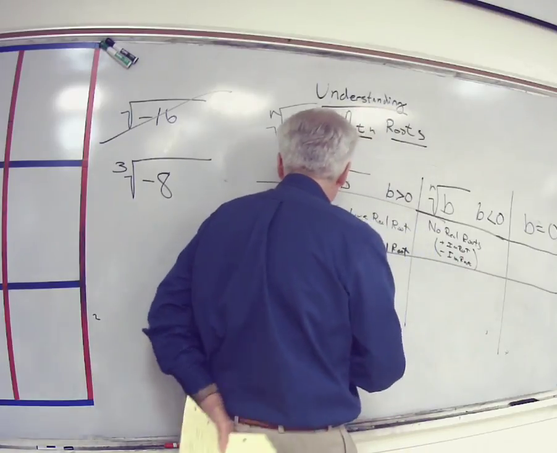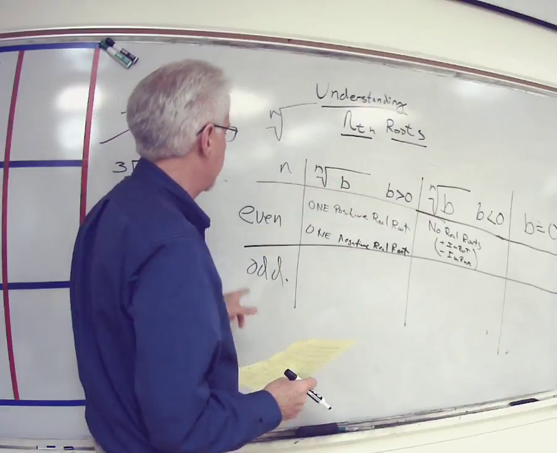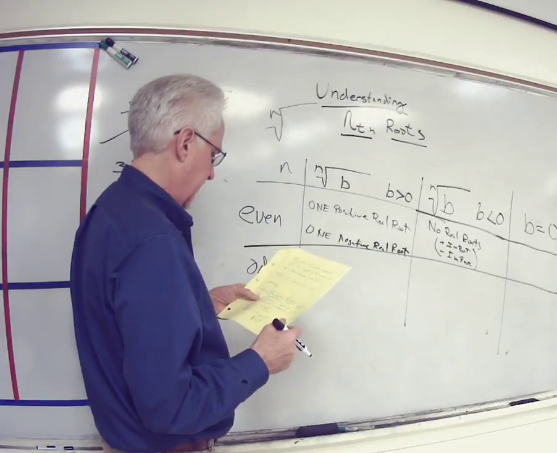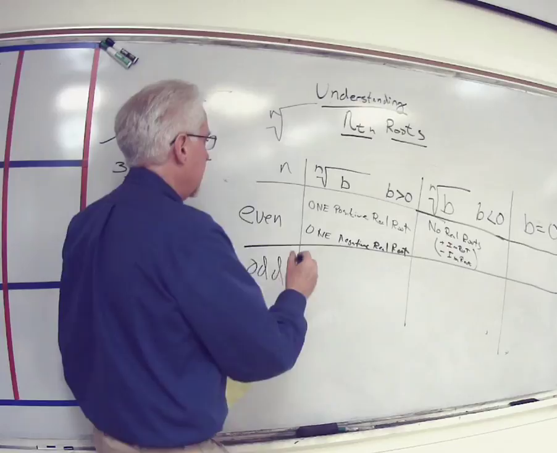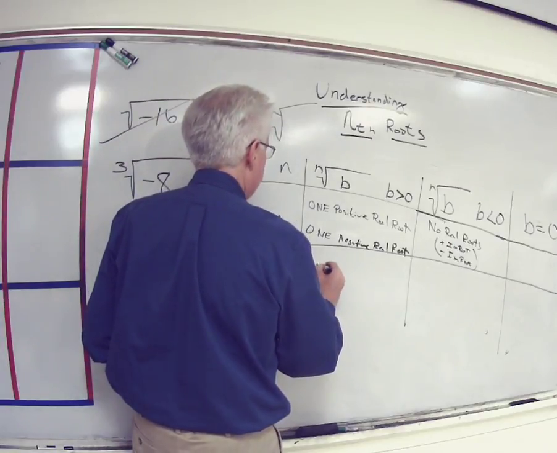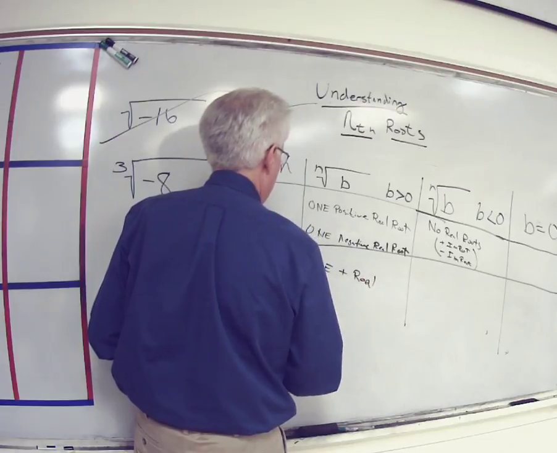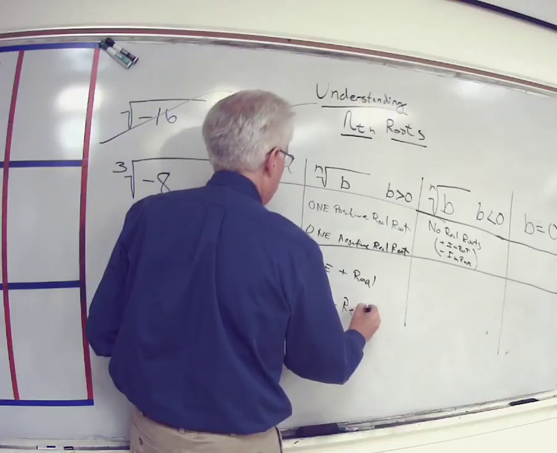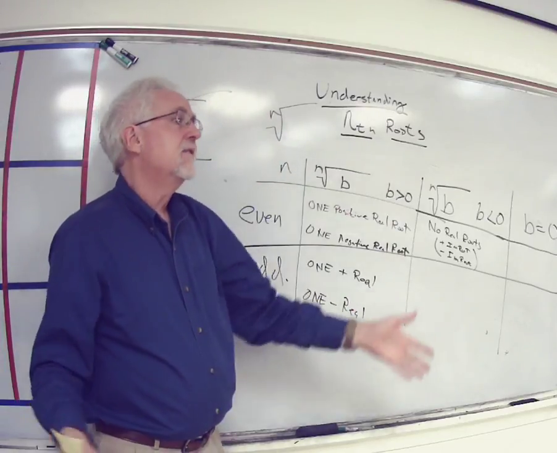Okay. Now, if I have the nth root of b and b is greater than 0 and n is odd, what do I have? Positive. Yeah, same thing. One positive real, one negative real. Okay, so if b is greater than 0, it's like you got two real roots, right?